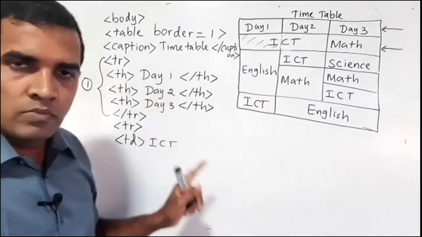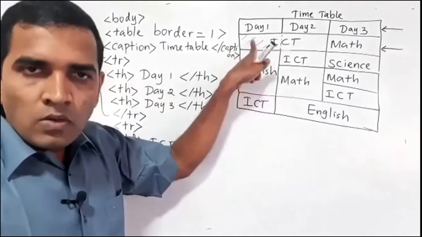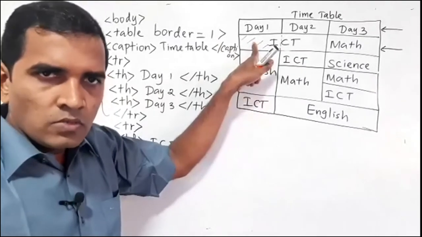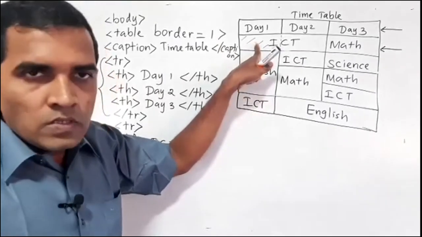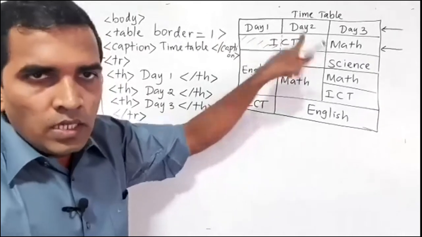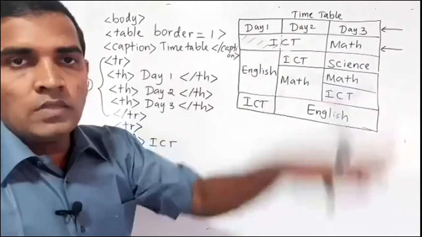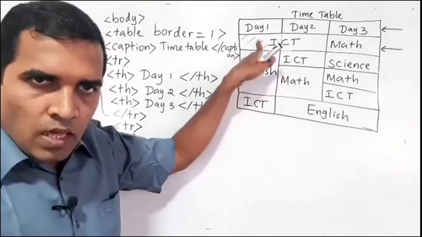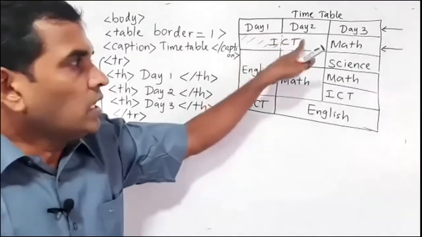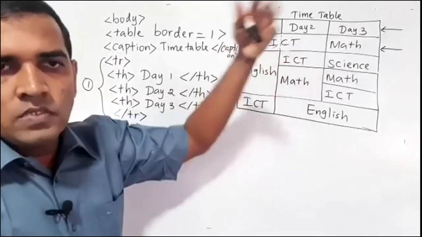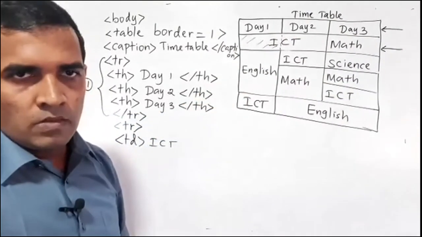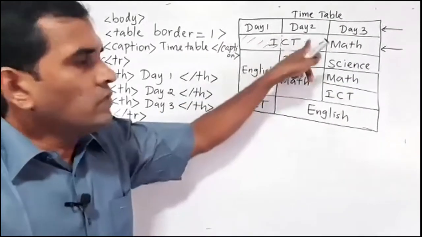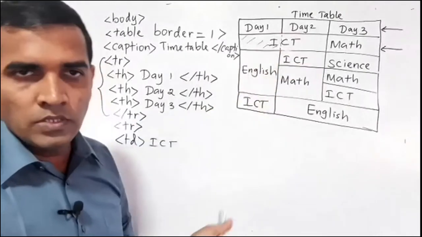So what do we have to do? Yes, we are creating this cell. While we are creating this cell, we have to create or merge another cell which is in another column. So this cell and the other cell have to be merged.